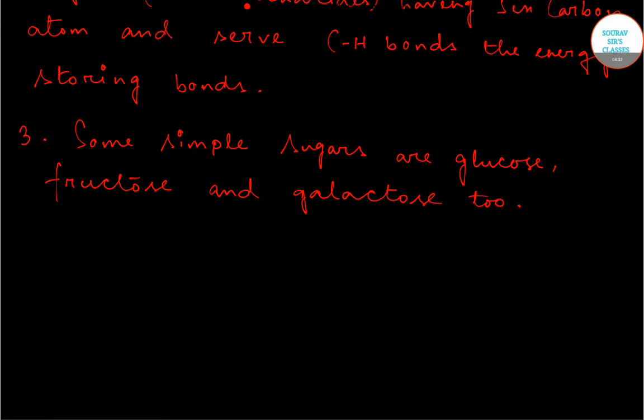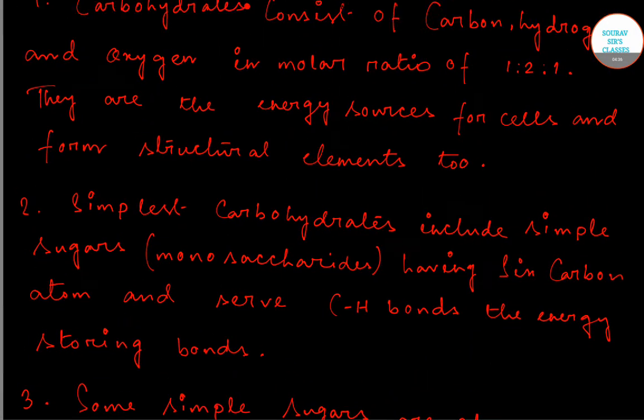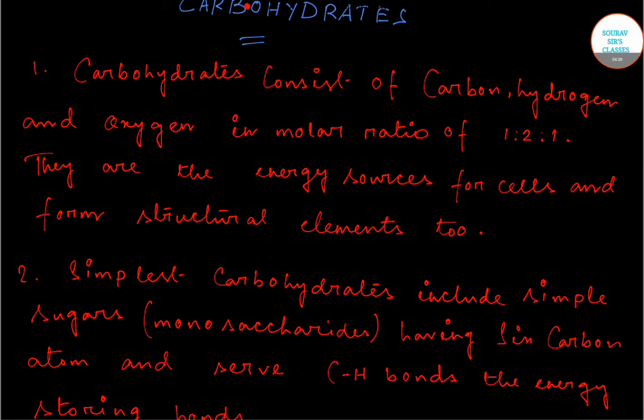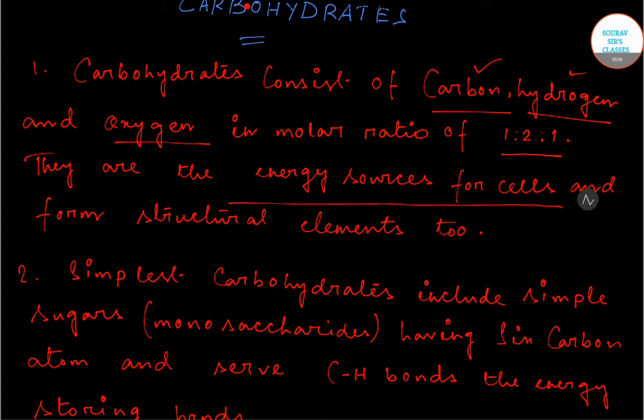So carbohydrates are formed by carbons, hydrogens and oxygens in the molar ratio of 1:2:1. That means in carbohydrates carbon's ratio is 1, hydrogen is 2 and oxygen is 1. These are the energy sources for cells, and these form structural elements.